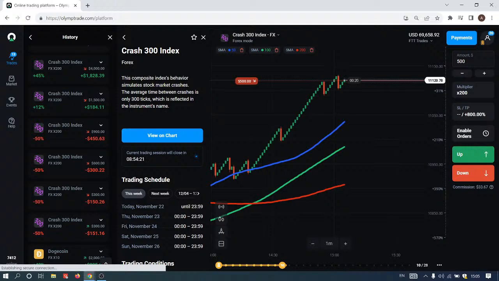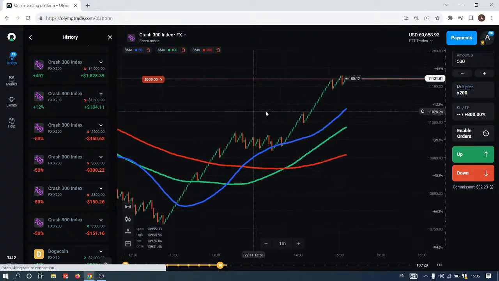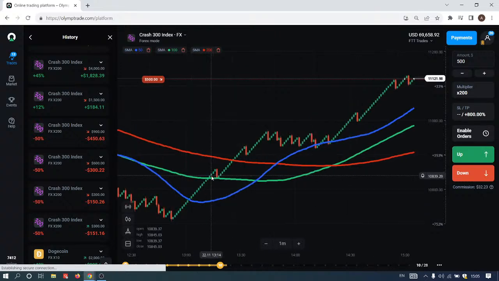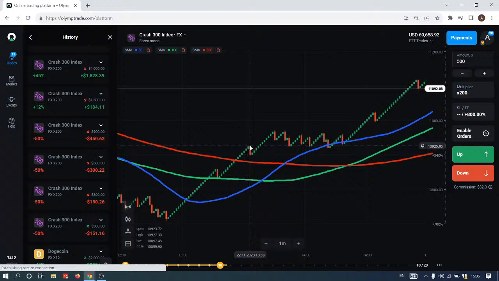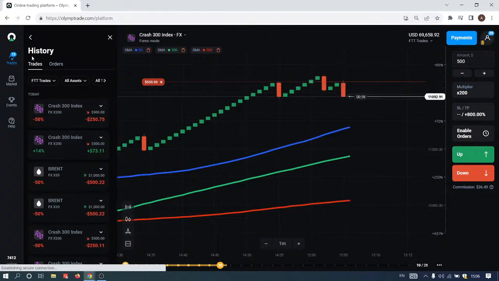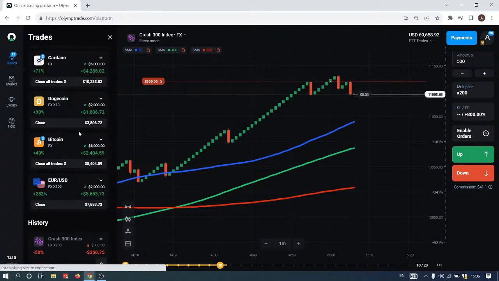Basically, it simulates stock market crashes. The nature of crashes is this: you have a long and slow growth, and then you usually have this quick boom, like a crash. This is reflected in the nature of this index, and the idea is to try and anticipate when this crash will happen.